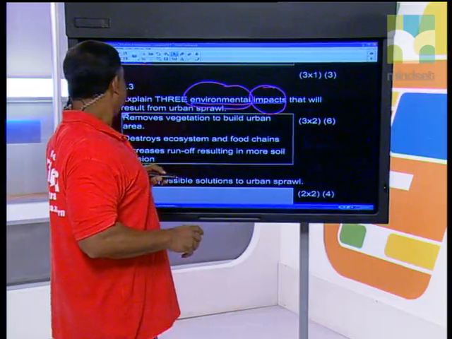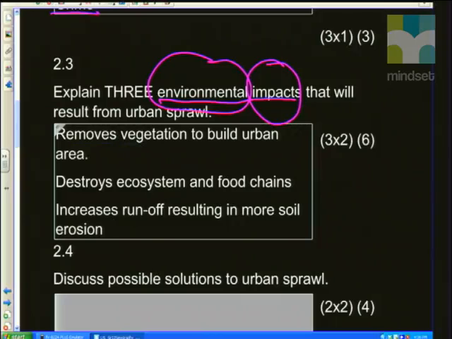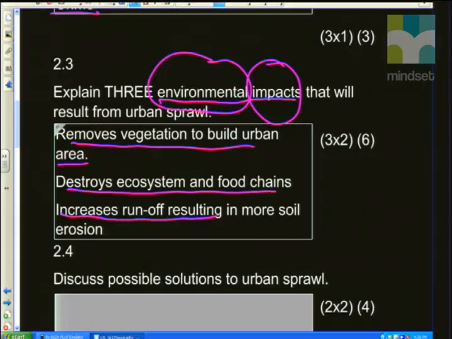So let's look at the answer. It removes vegetation to build an urban area. It destroys the ecosystems and the food chains. Look at this. Increases runoff, resulting in more soil erosion. That's an environmental impact.